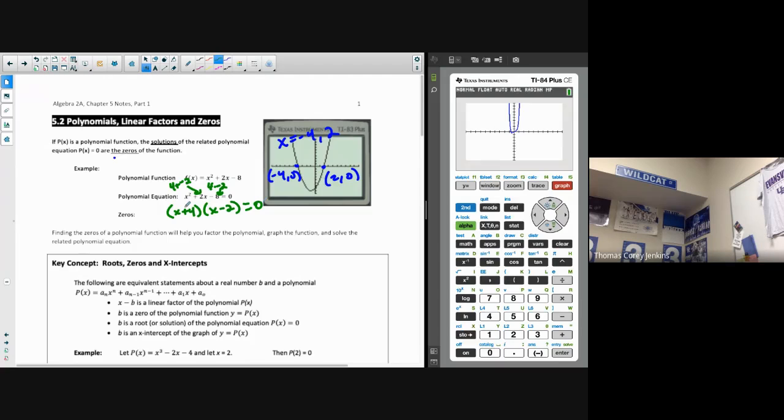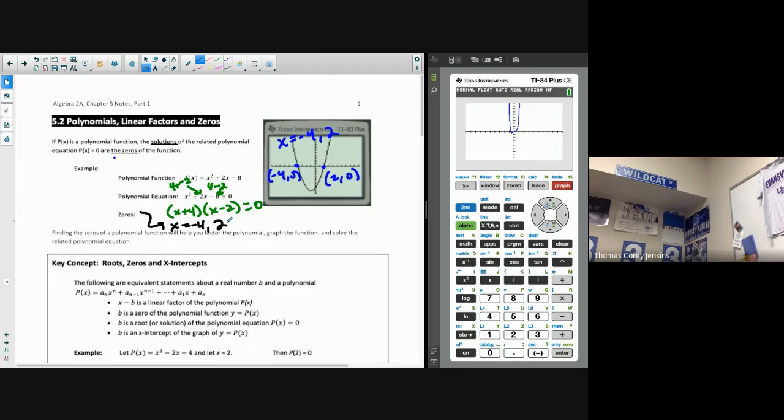And then we can use the zero product property to come up with x is negative 4 and x is positive 2. Okay, so again, my zeros, and we've shown how these things tie together, would be x equals negative 4 and x equals positive 2.